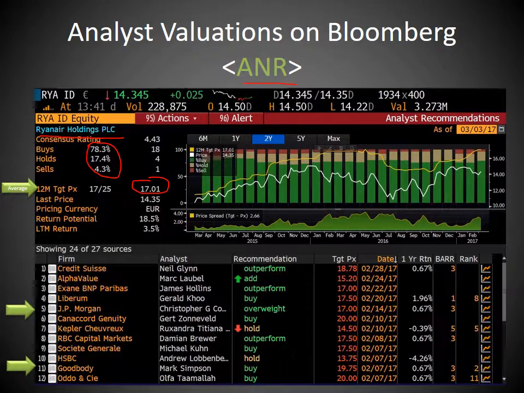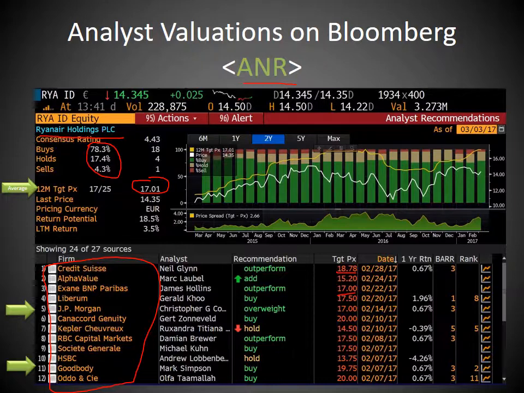And you can see the average over all the analysts that have given a price target for Ryanair is €17. Obviously Goodbody are a bit higher than that at 19.75, and JP Morgan are right on the money at 17. And you can see down here there's a list of analysts.